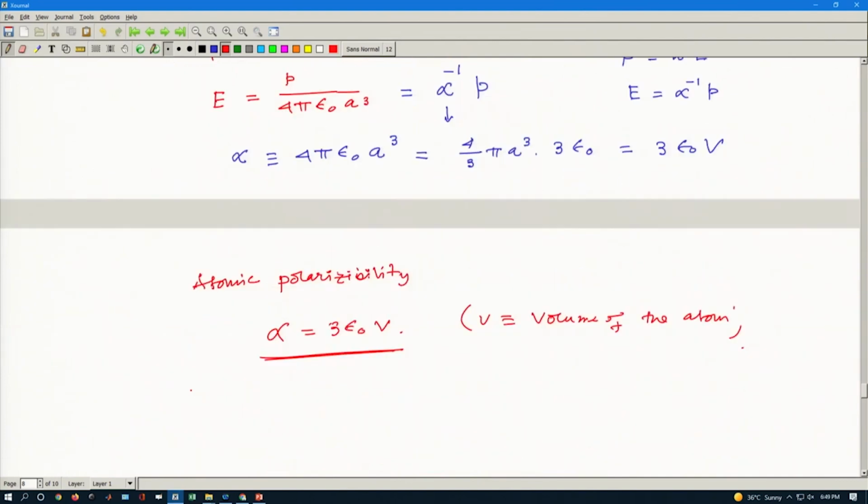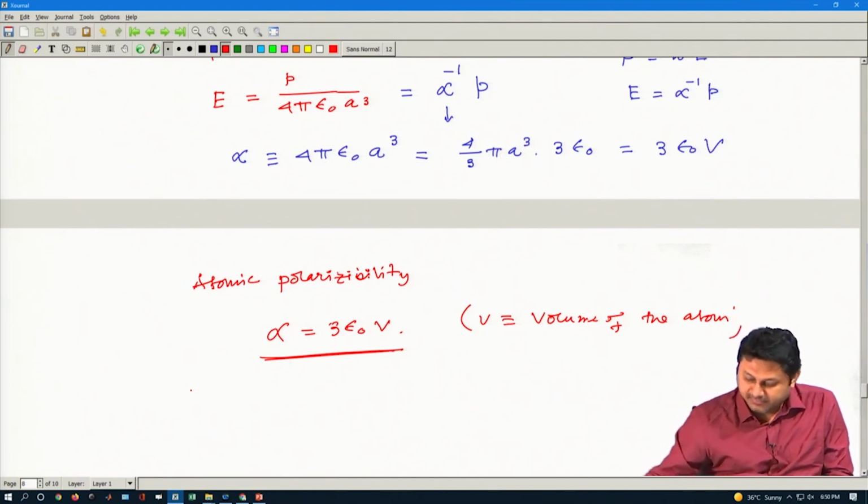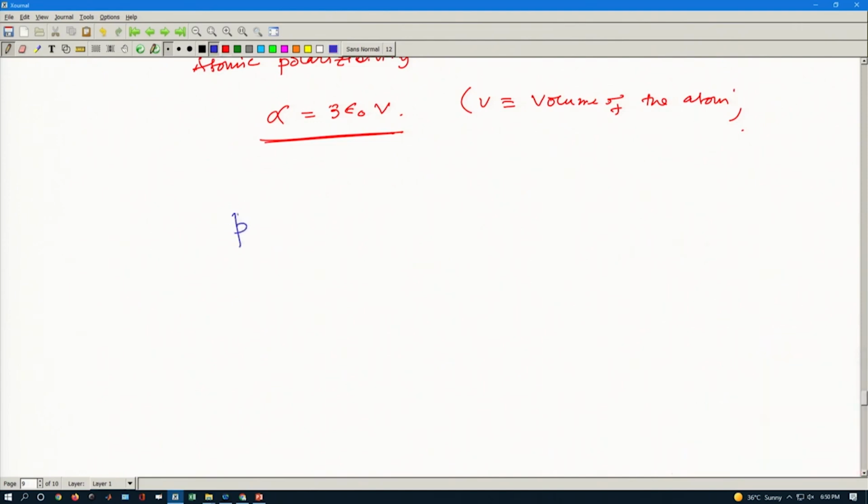Today I do not have much time, so I would like to conclude here. In the next class I should discuss more about the susceptibility and the susceptibility tensor, because here we see that the polarization is proportional to the electric field.